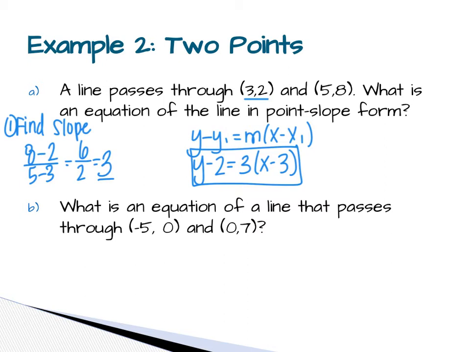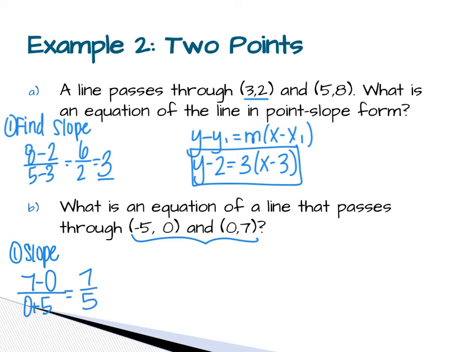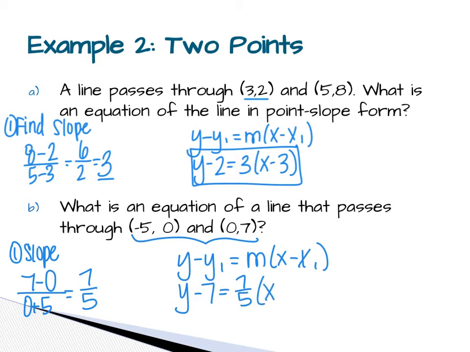Alright, again, you've got 2 points. So first you're going to find slope. So you're going to do 7 minus 0 over 0 minus negative 5, which is going to be plus 5. And I get 7/5. So in point slope form, that's going to be y minus 7 equals 7/5 times x minus 0.